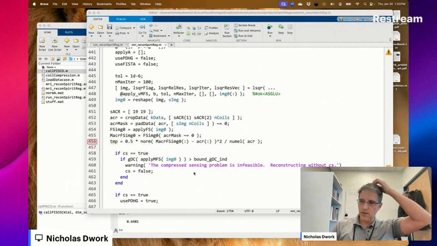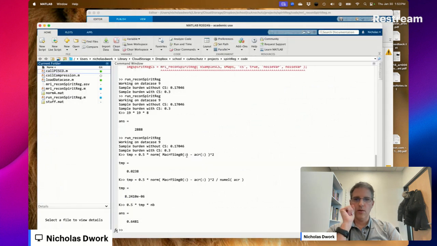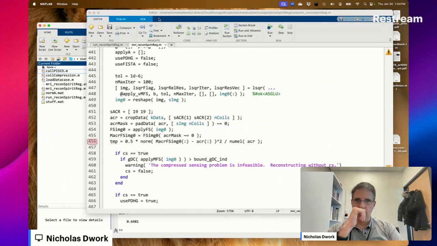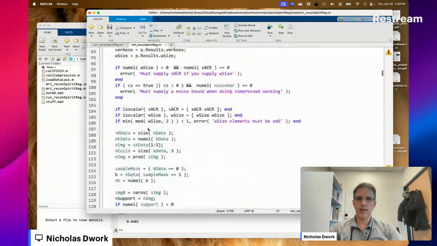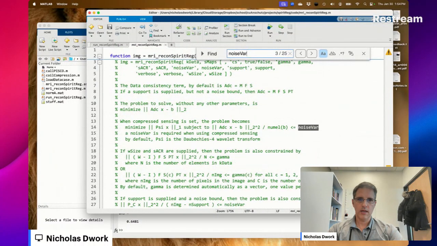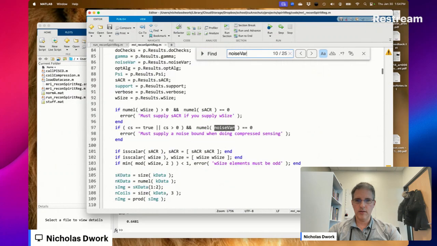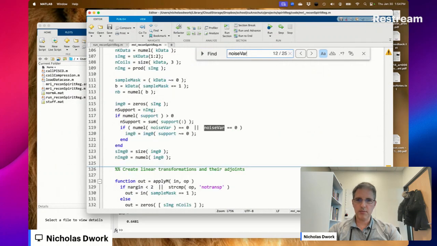So, we know the noise of the system because we measured it, right? And we need that noise variance for the support, the constraint for the support.